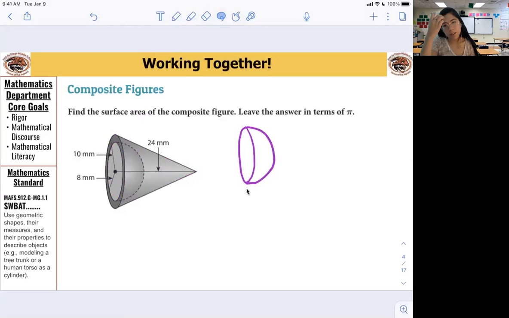I'm not going to count the top. What do you mean the top? What's the top? Okay, that's the top.